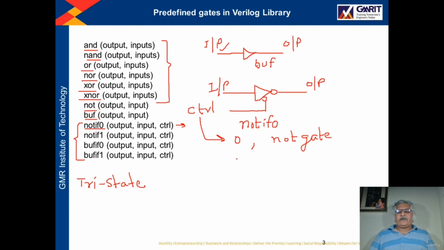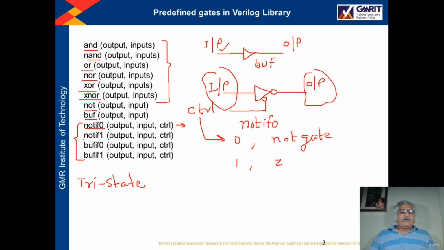And if this control is 1, then the output will be in high impedance state, right? So the output section is disconnected from the input section if the control signal is 1. So this is notif0.